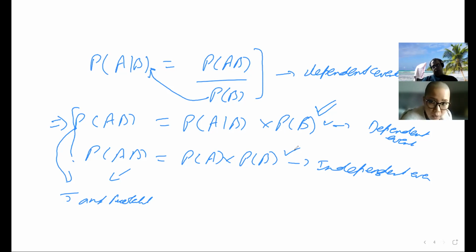The first one is joint probability of dependent events, and the second one is joint probability of independent events. The third one, you see, there are three of them.